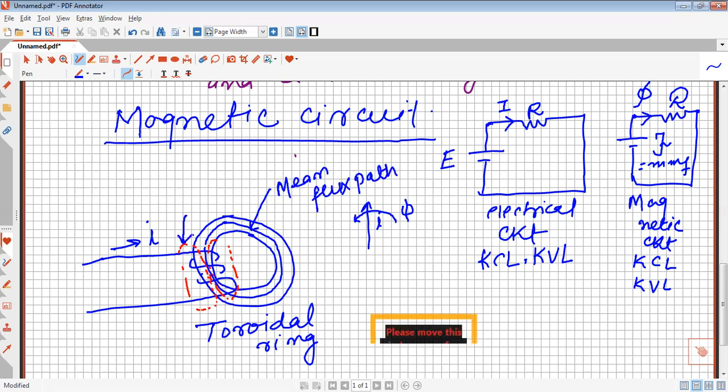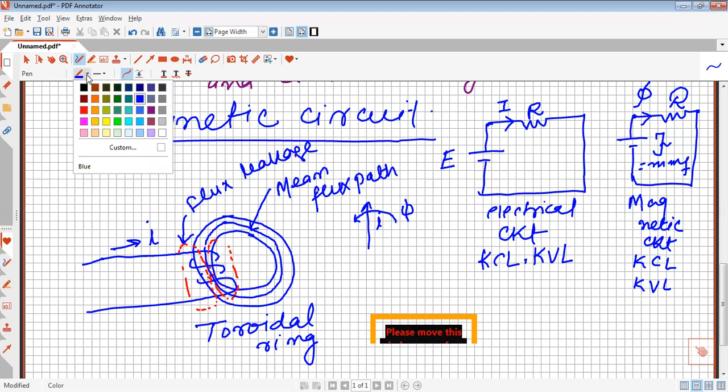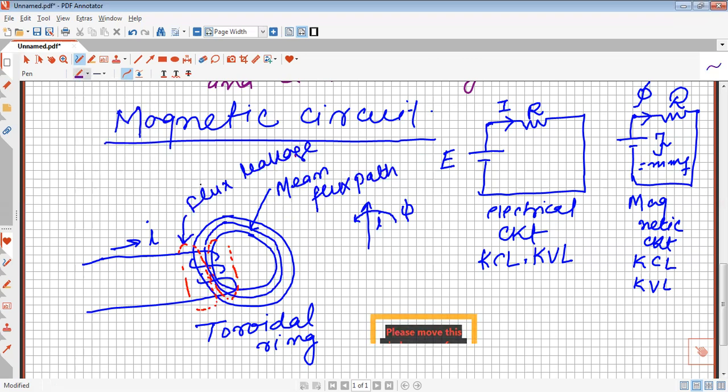And this flux which goes in air, that is called flux leakage. It means this flux leaks and is not going into the material. So this flux is called flux leakage. And the flux which is going into the material is called flux linkage. This flux is also called flux linkage, which is going into the material.